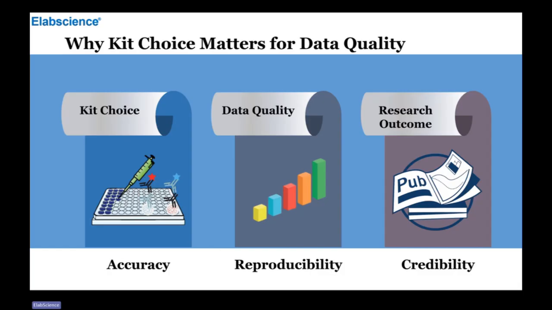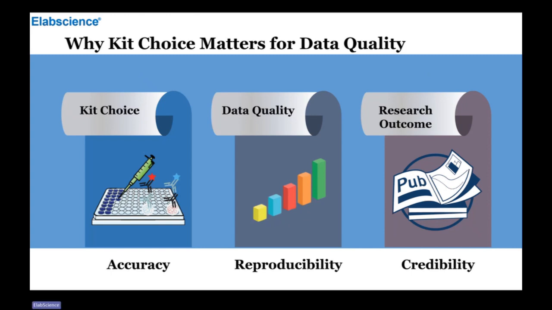Okay, now the choice of ELISA kit is not just a shopping decision, which we can take randomly. It is actually the foundation of your results. A well-validated kit gives you accurate and reproducible data that you can trust. In contrast, the wrong kit can introduce errors that no amount of troubleshooting will truly fix.